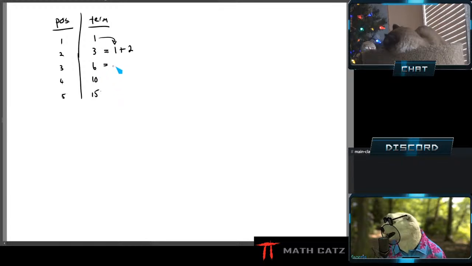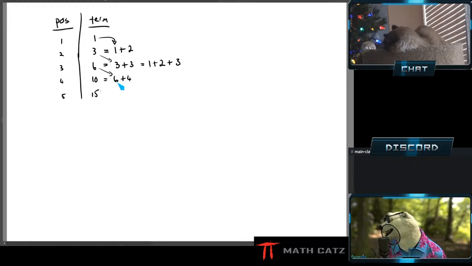Then, to get 6, it was the previous 3 plus 3. But that 3 itself has an expansion of 1 plus 2, and then this 3. To pull apart 10, just one step, it was 6 plus 4. That's 6.